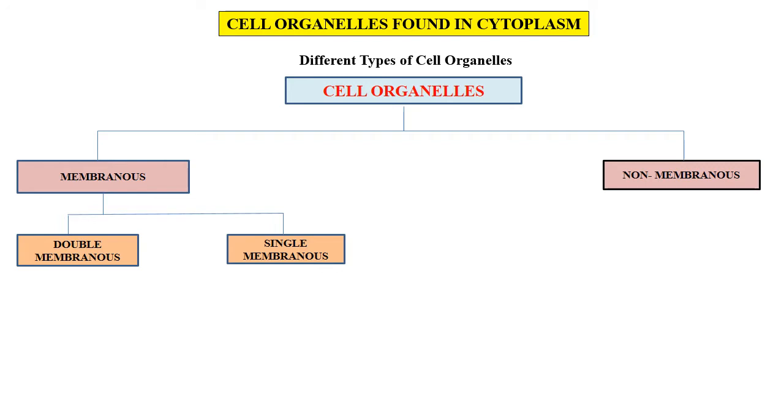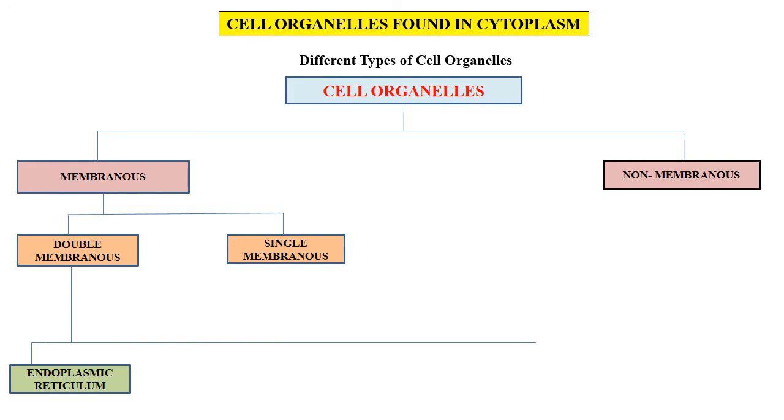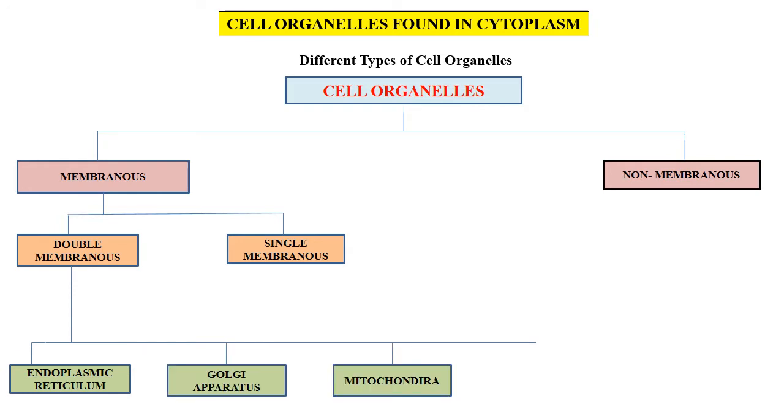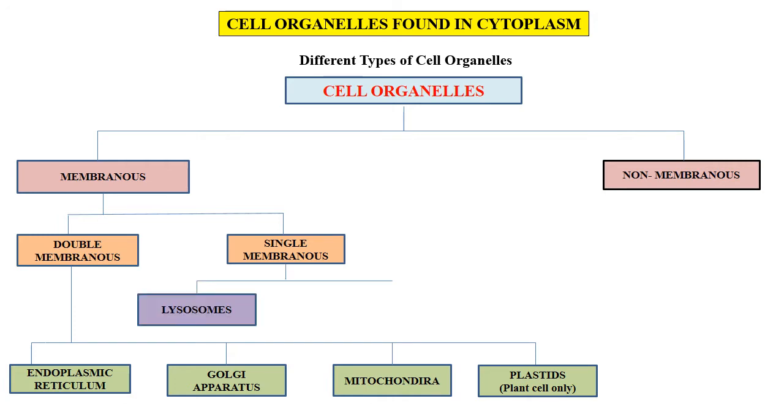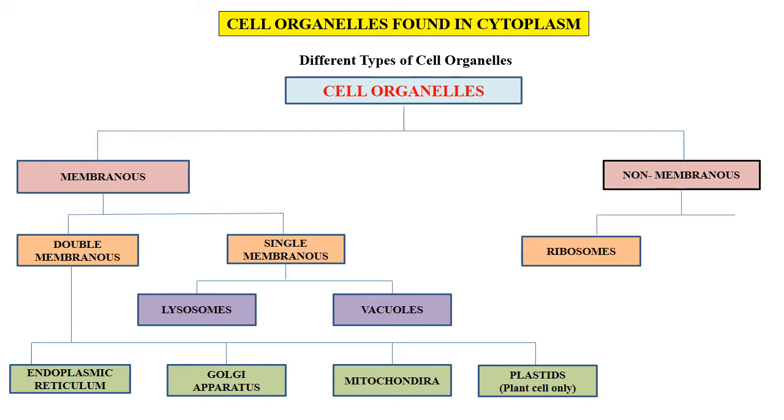Double membranous is further divided into endoplasmic reticulum, Golgi apparatus, mitochondria, and plastids, plant cell only. Single membranous is divided into lysosomes and vacuoles. Now let's see the non-membranous. In non-membranous, we can find ribosomes and centrosomes, animal cell only.